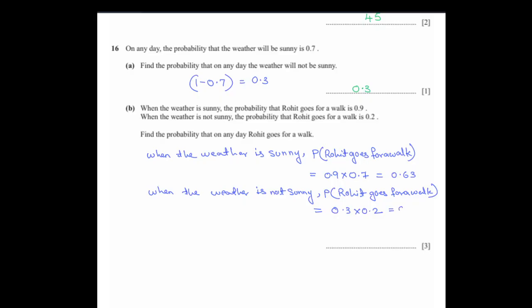So it is 0.06. Therefore, the probability that on any day he goes for a walk will be 0.63 plus 0.06, sorry. So it is 0.69.